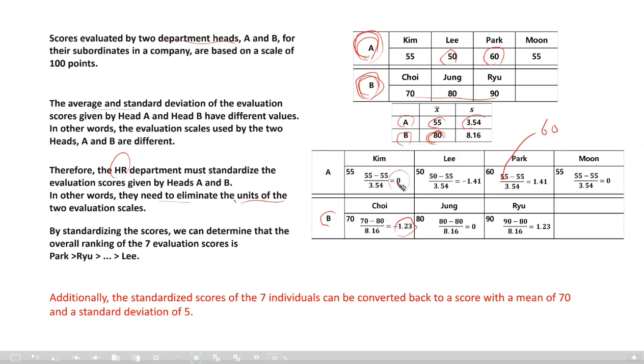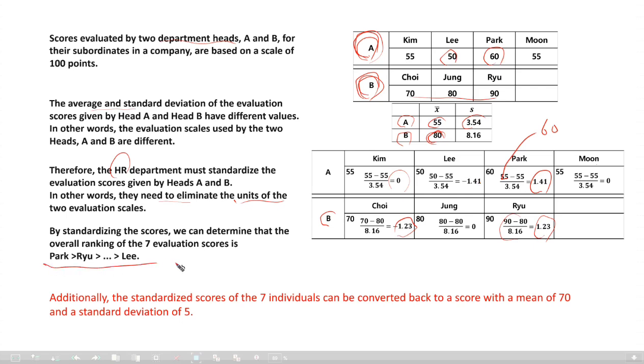So now the HR department can compare these people. By standardizing the scores, we can determine the overall ranking of the 7 evaluation scores. So Park, this one is biggest, 1.41, and next Liu, this person, 1.23, is second, and so on. The last one is Lee, minus 1.41, like this.